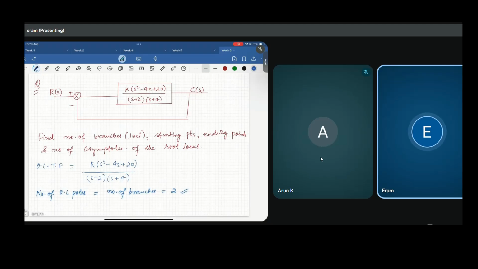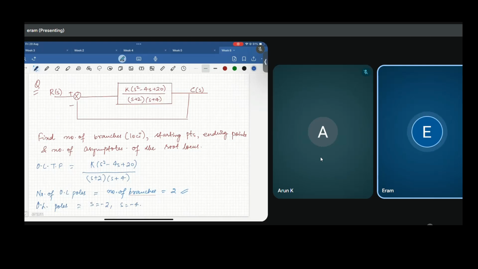And the second one is, what are the starting points from where the root locus will start? We know that the root locus starts from the open loop poles. So the open loop poles are located at s equals -2 and s equals -4. So the starting points will be -2 and -4.